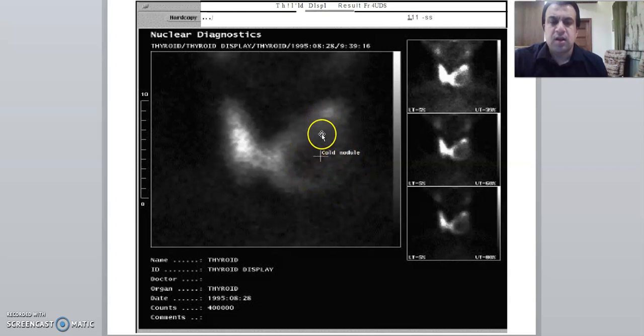If it's a warm nodule, then it means that though there is a nodule, the activity in the nodule is the same as compared to the rest of the thyroid. And if it's a hot nodule, then it means that the nodule is more hyperactive than the rest of the thyroid tissue. These are the three types of nodules: it could be cold, warm, or hot nodule.